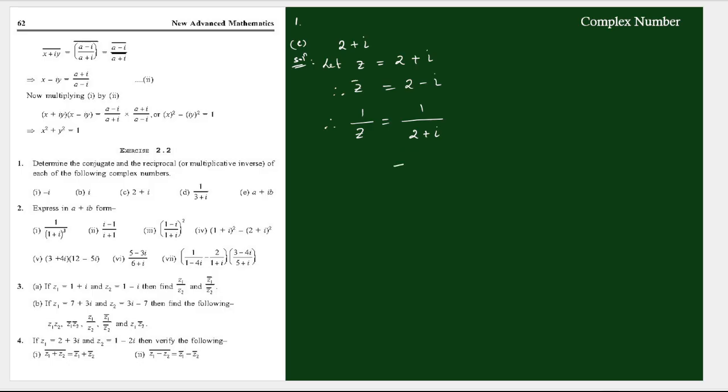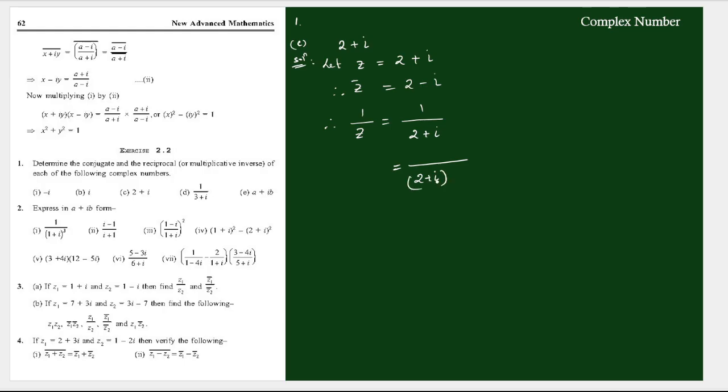Now you see, we need to remember class 9. We need to multiply with the conjugate, then we will get that formula, a square minus b square.